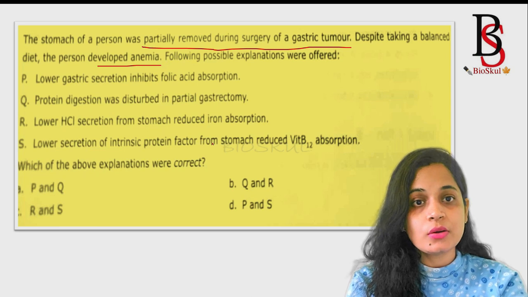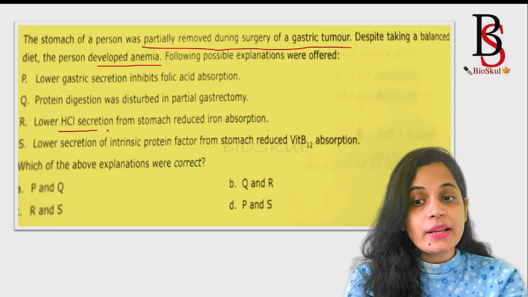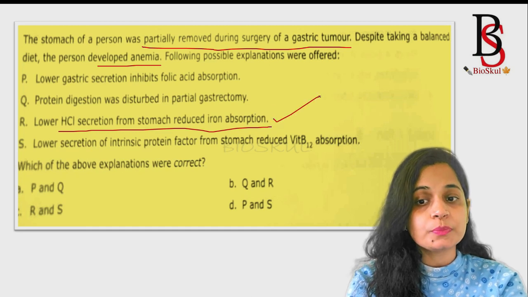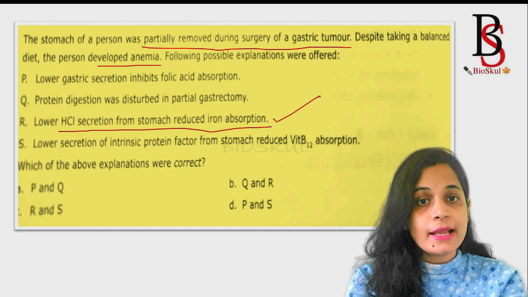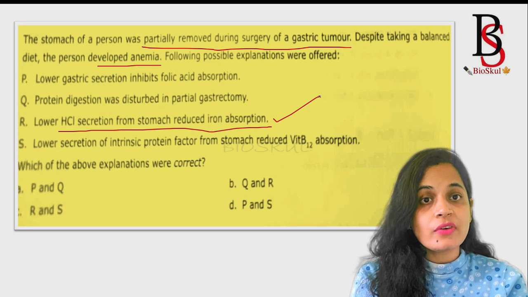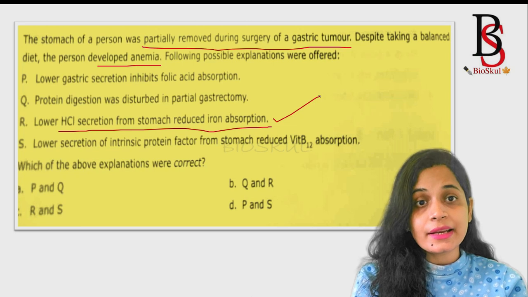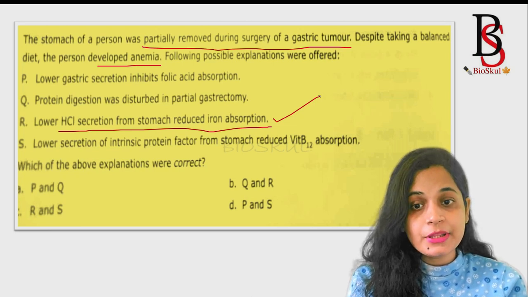So let's see what the options are. Lower HCl secretion from the stomach, reduced iron absorption. Yes, it's true, because the hydrochloric acid helps in the reduction of iron from the ferric form to the ferrous form, so that it will get absorbed into the intestinal epithelium.